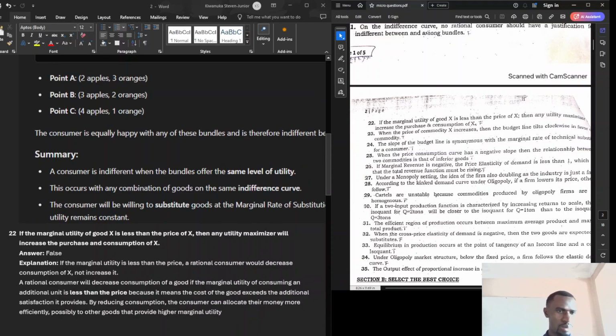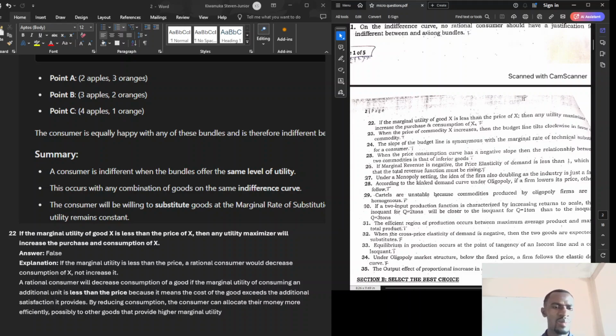And I try to place an explanation here that if the marginal utility is less than price, a rational consumer will decrease consumption of X, not increase it. Why? Because a rational consumer will decrease consumption of a good if the marginal utility of consuming an additional unit is less than the price, because it means the cost of the good exceeds the additional satisfaction he obtains.